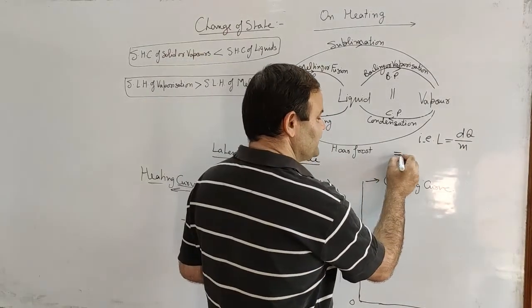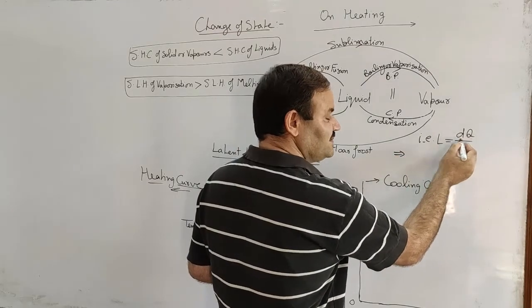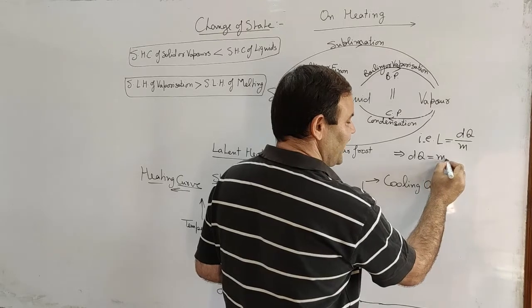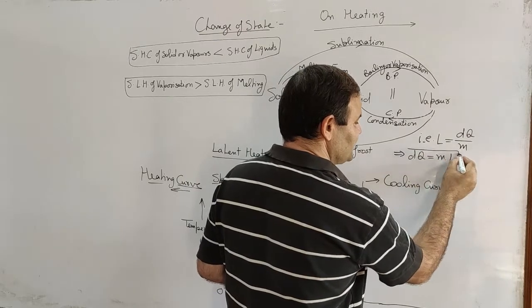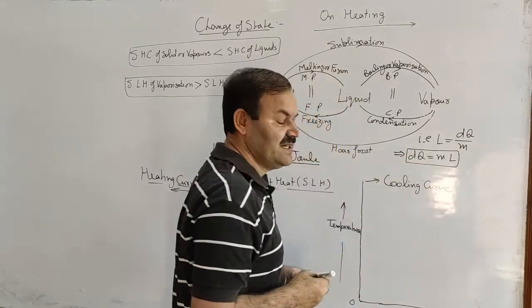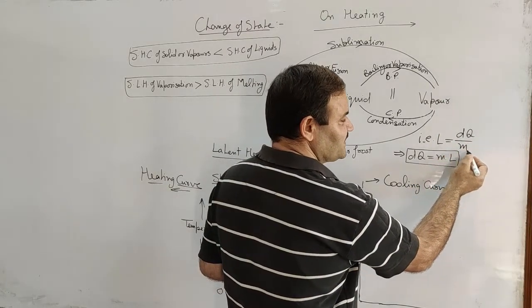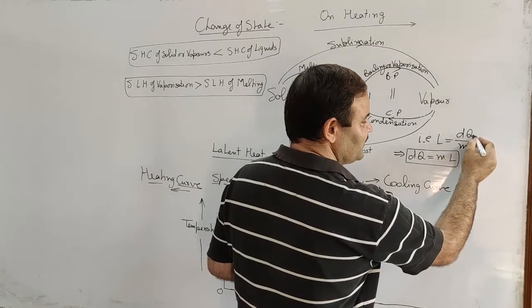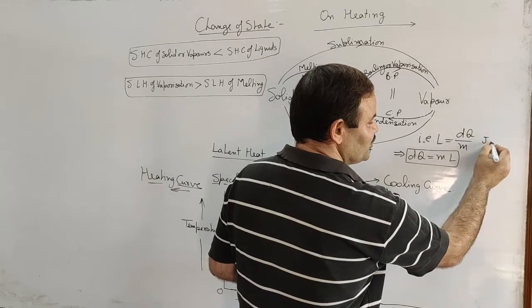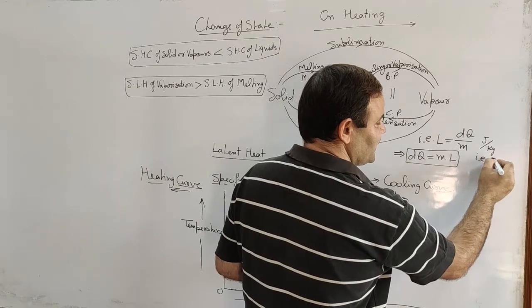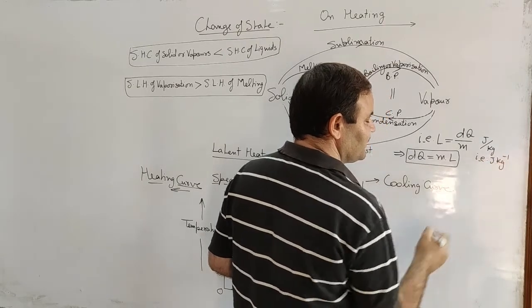And this implies the heat required to change state is equal to mL, that is mass into specific latent heat. Here heat will be measured in joule while mass in kilogram. So the SI unit of L will be joule per kilogram, that is J kg^-1.